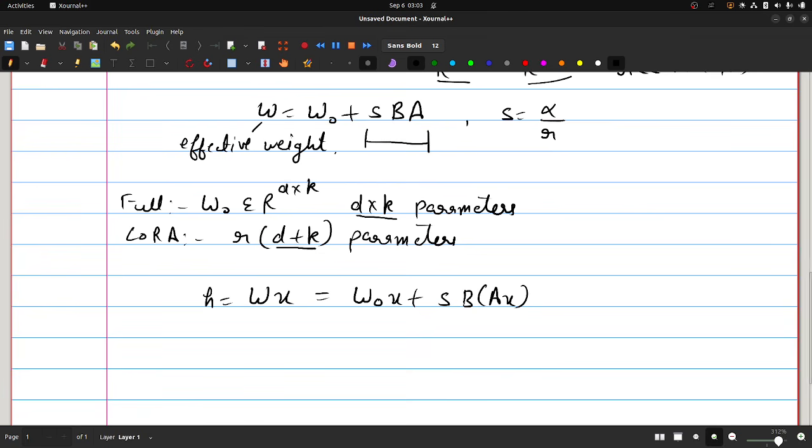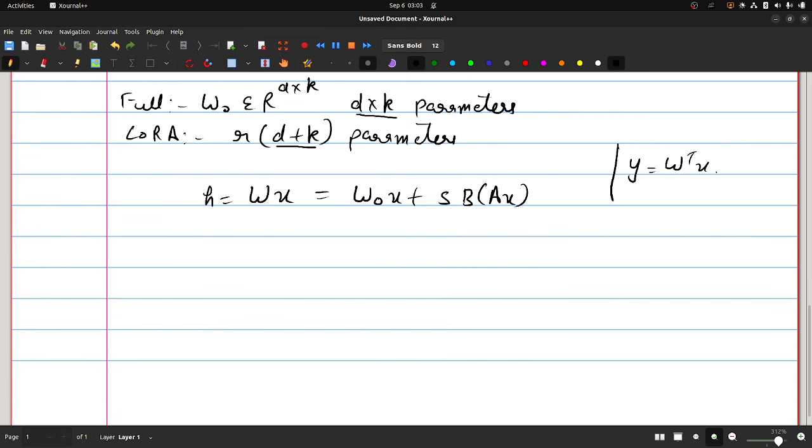Like we usually do in deep learning, the output is given by y, which is nothing but W transpose X. In the same way, H is the model output, which is W transpose X, equal to W0 X plus S times B A X. Now to calculate the gradient, we have to find del L by del H, the rate of change of loss with respect to the output.